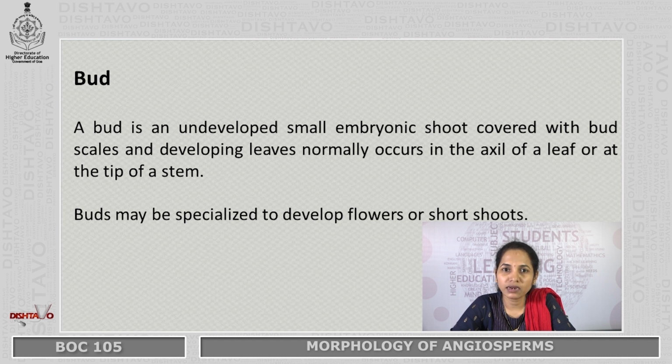When the bud occurs at the tip of the stem, it is referred to as apical bud, and it is involved in the apical growth of the stem. In most plants, the axillary buds, which appear in the axil of the leaf, are related to the lateral growth of the plant. A bud may be specialized to develop flowers or short shoots.